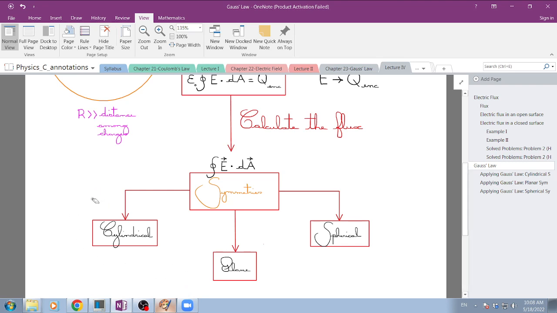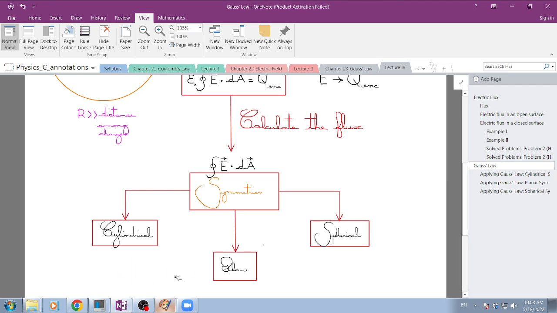For problems that are more complicated than that, remember, you can always take a very complicated geometry and divide it into smaller parts that you can approximate as cylindrical, planar or spherical symmetries, and then you can solve.